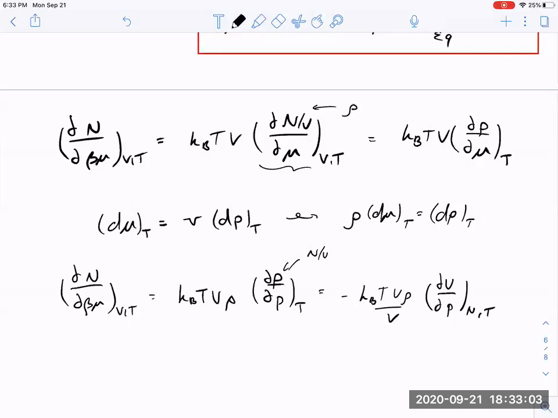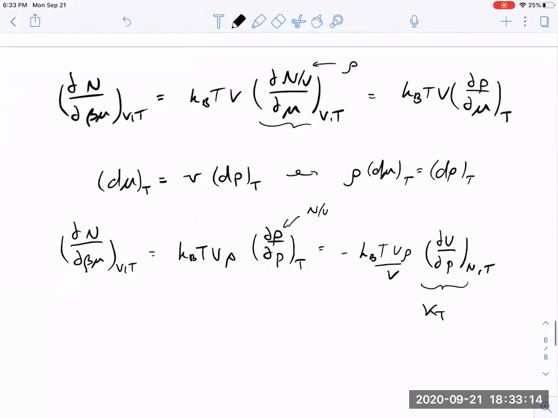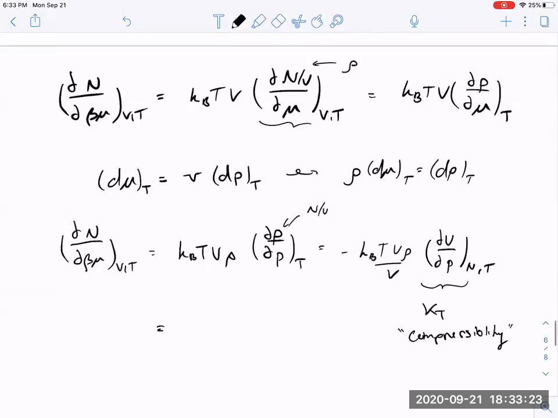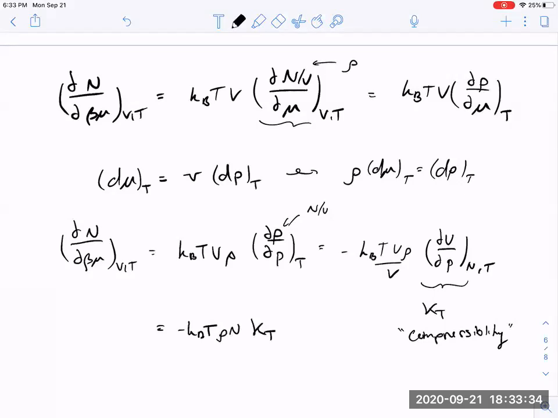How the volume changes with pressure, that's something I can imagine actually measuring. In fact, this is given the symbol kappa T and is known as the compressibility. So dN d beta mu is, up to factors, the isothermal compressibility.